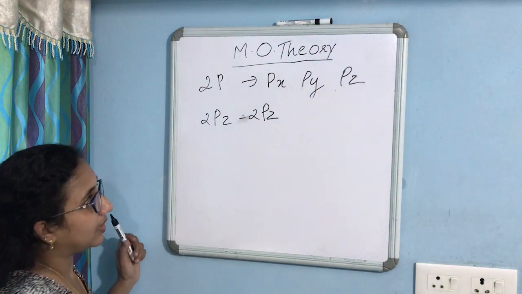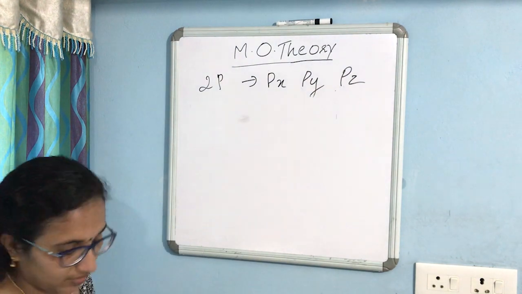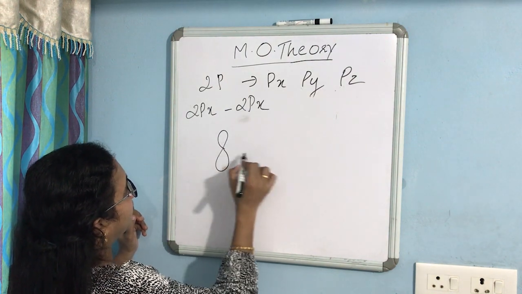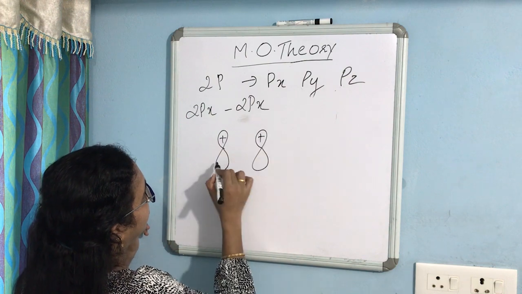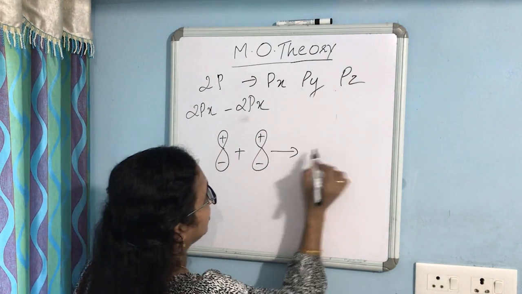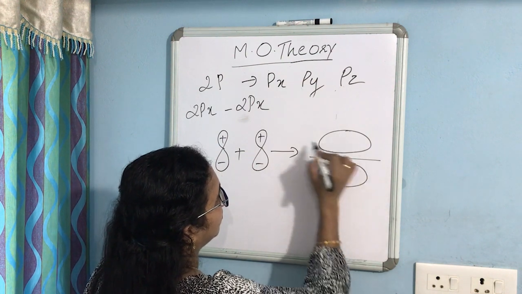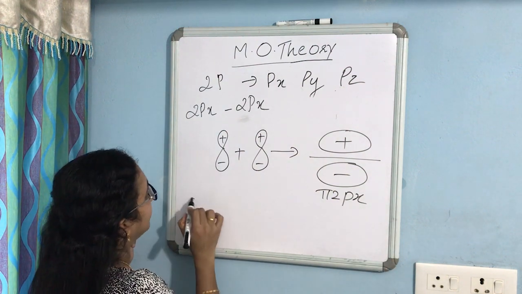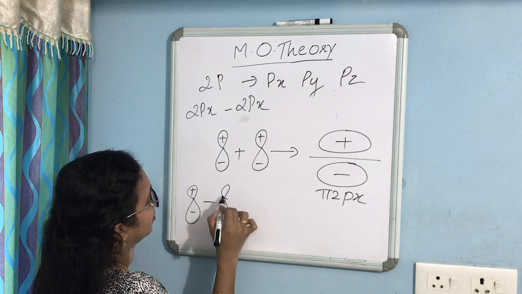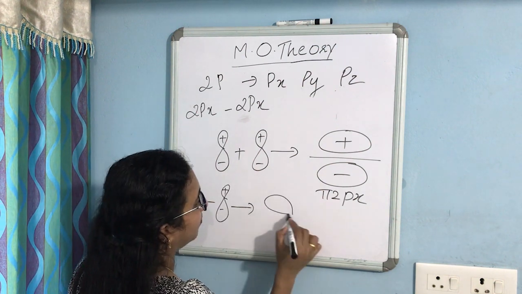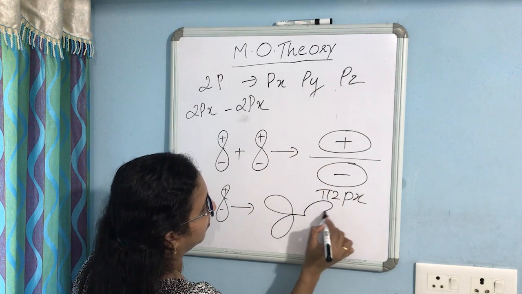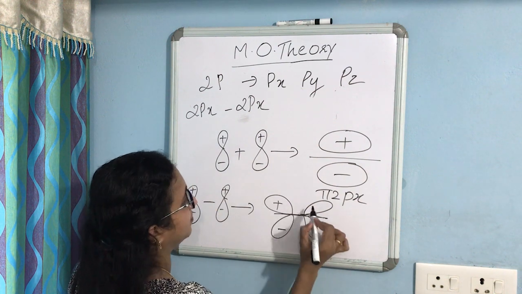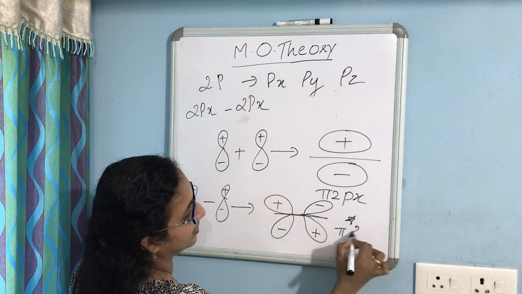Now let's take the px and py sets. So the 2px and 2px combine by addition to give the pi 2px, and they combine by subtraction to give the pi star 2px.